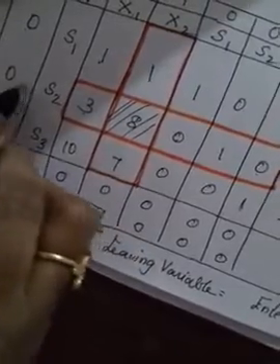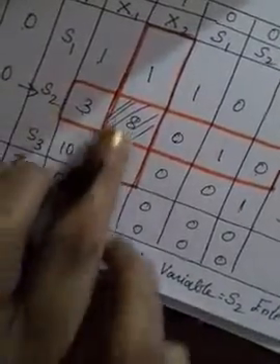Now, for 8 the corresponding row is S2. So S2 is called the leaving variable, and your column variable is X2.